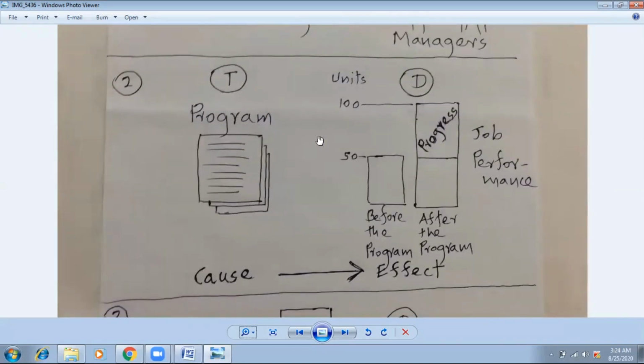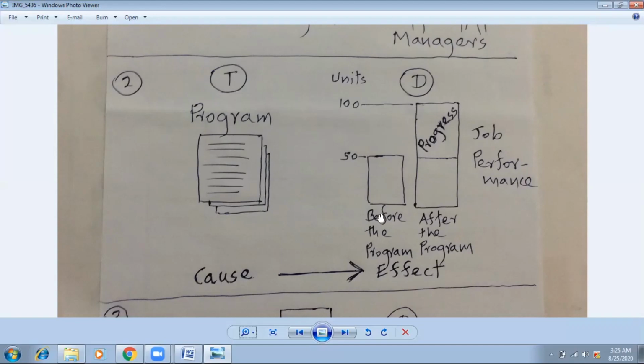Okay, then this is the second way. So I taught you just 3 ways of making differences between training and development. This is the second way. This is training. That's the program designed to give knowledge, skills, and attitudes which are job related. Then here this is the development.